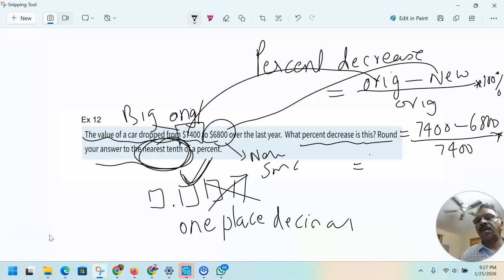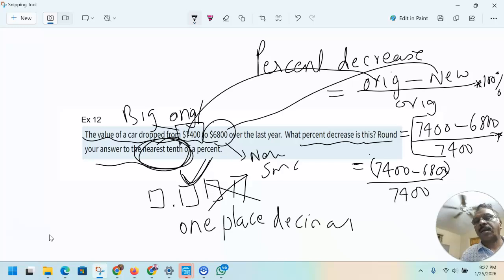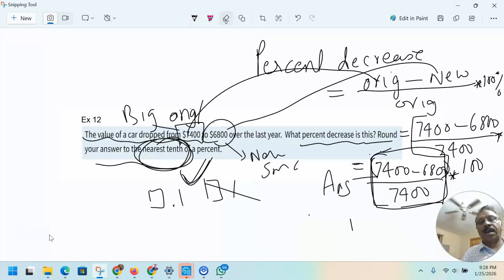When you work this out directly, you write 7400 minus 6800. You can use parentheses on your calculator so that you don't make a mistake. I'm going to guide you also, and then multiply by 100. The first step is only this. Then whatever answer you get here, you divide by 7400.